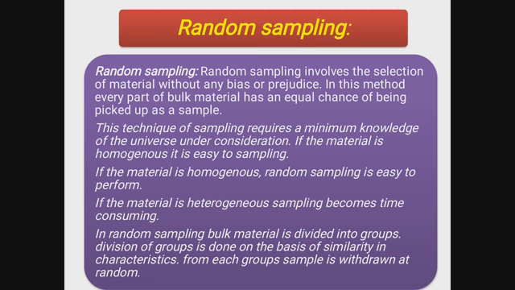From each group, samples are drawn at random. For instance, materials such as ore exist as particulate solid or lumps of various sizes. The lumps are first separated into groups of approximately equal sized particles, and from each of the groups so made, samples are drawn at random.